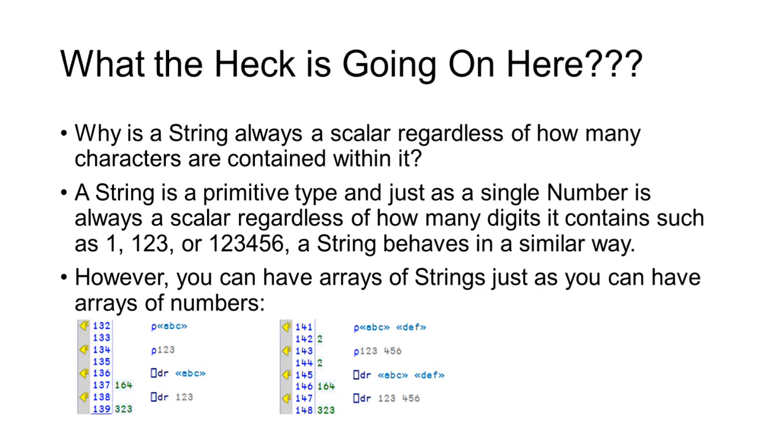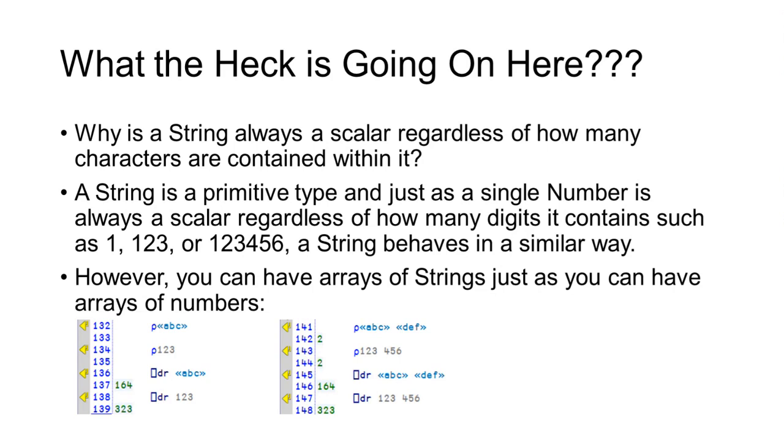I can talk just a little bit about why we made these choices. The string, like a number, is a primitive entity in the system.